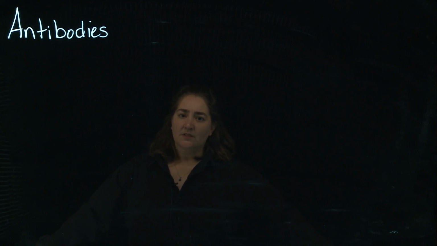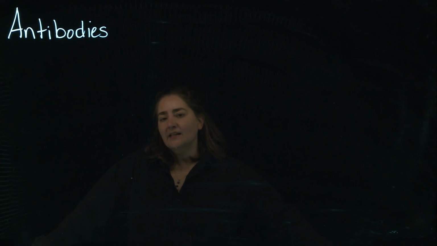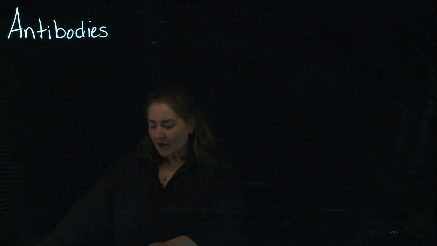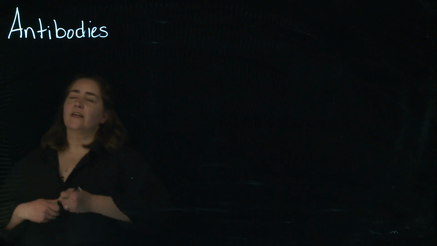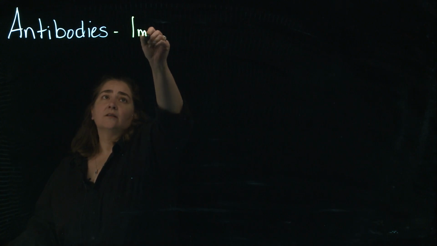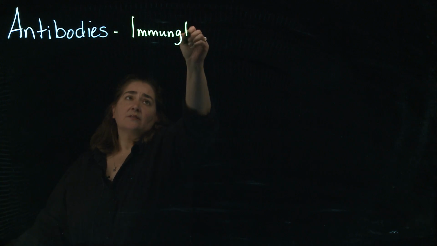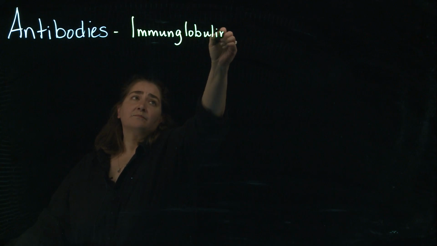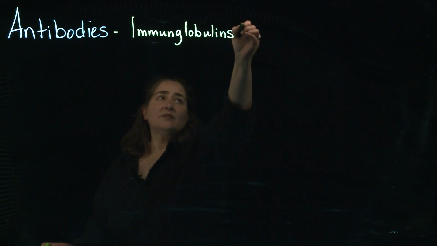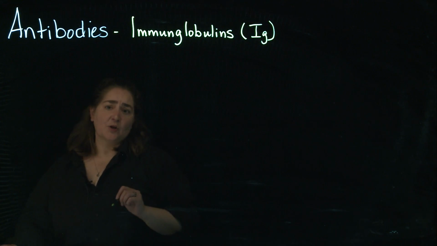So far with the immune system, I've talked a good bit about antibodies, but I haven't yet told you exactly what antibodies are. So we're going to fix that. Antibodies are also called immunoglobulins, and you'll often see that abbreviated as capital I, small g.